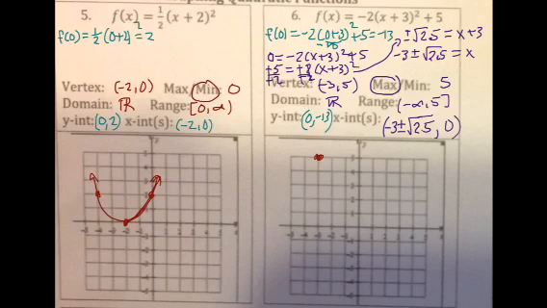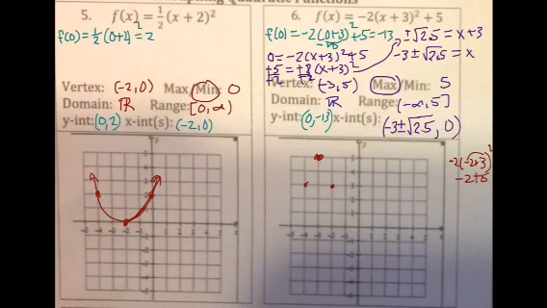So I'm going to put -2 times (-2 plus 3) squared plus 5. So that's going to give you 1 right here, times negative 2 is negative 2, so 5 minus 2 is 3. So right here I have a point at negative 2, 3, and because of symmetry I know that negative 4, 3 also exists without the need of doing any more calculations.